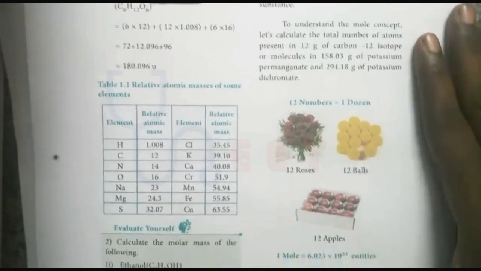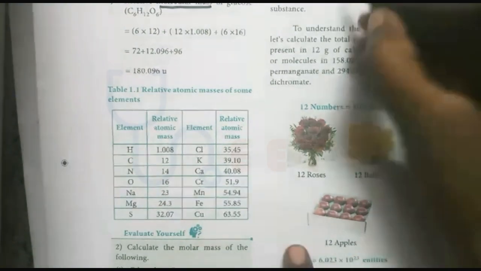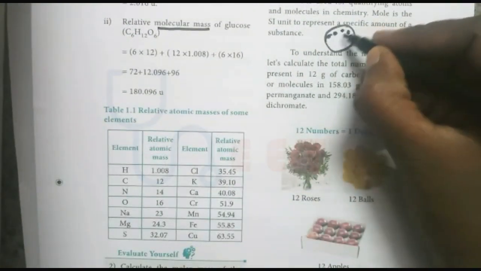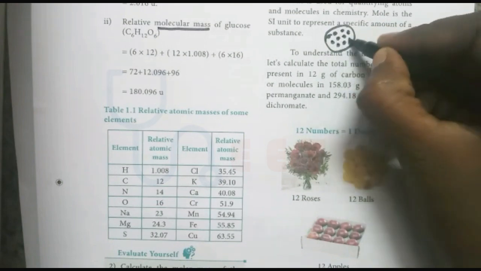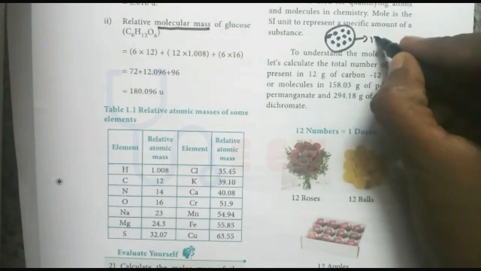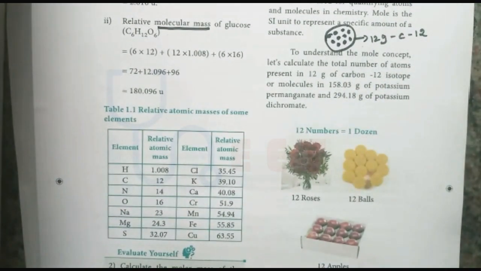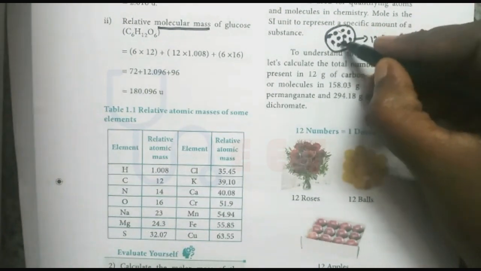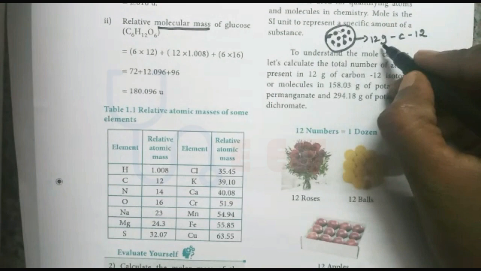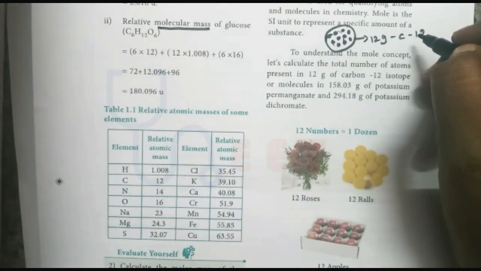Now, a mole is the number of atoms in a molecule which is exactly equal to 12 grams of carbon-12. That is called 1 mole.